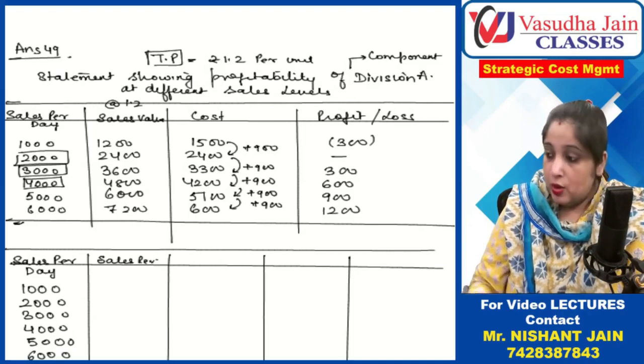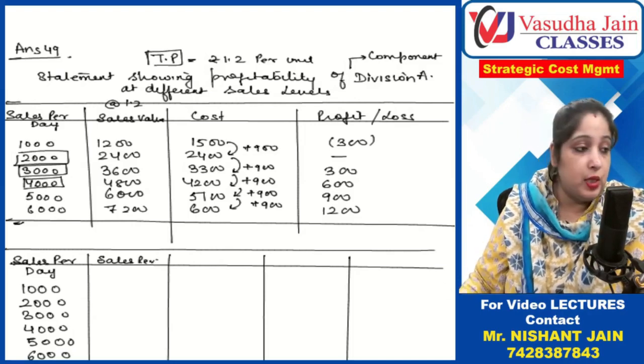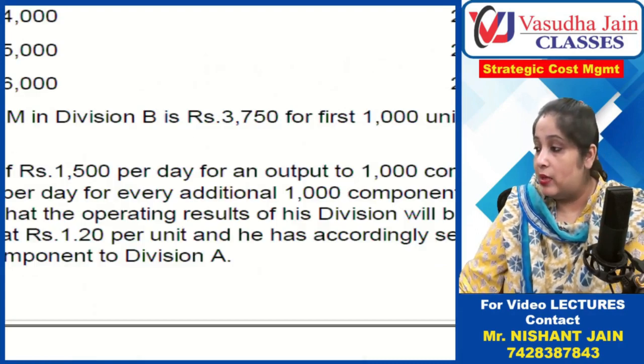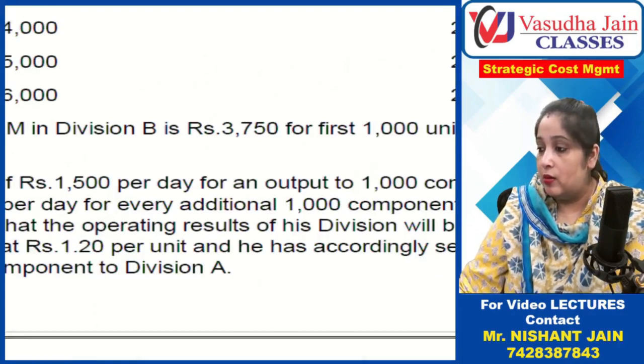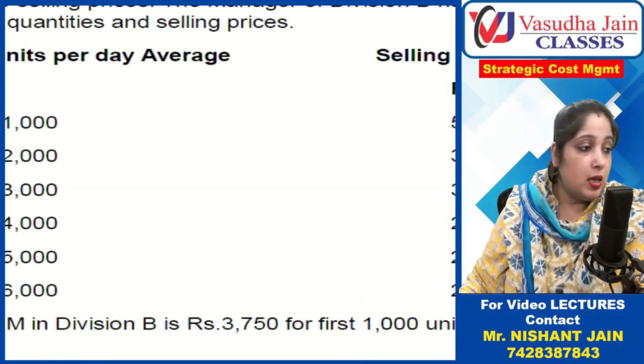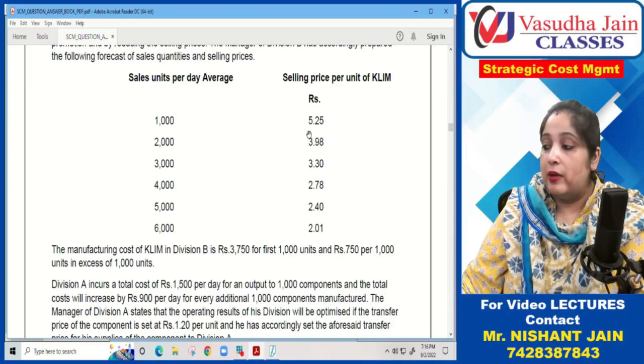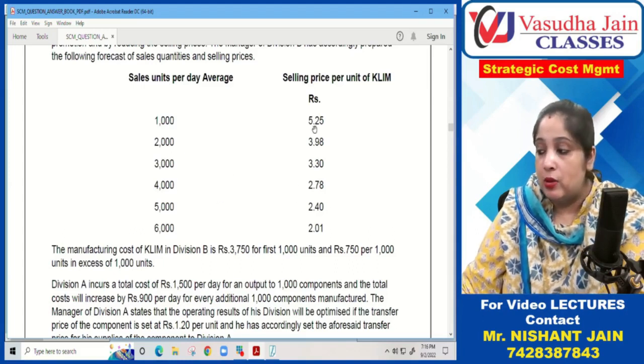Let us write. It is given in the question, the selling price per unit. See, KLIM selling price is given to you: 5.25, 3.98 per unit. So you multiply with this. So here you get 5250. Here 3.98 multiplied with 2000, 3.30 multiplied with 3000, 2.78 multiplied with 4000, and similarly.